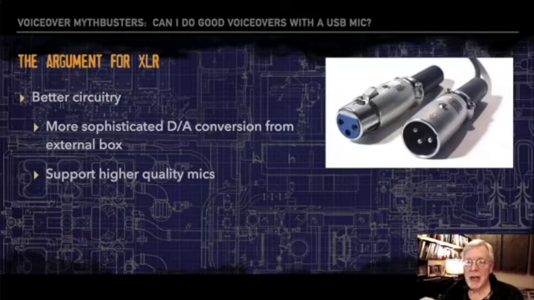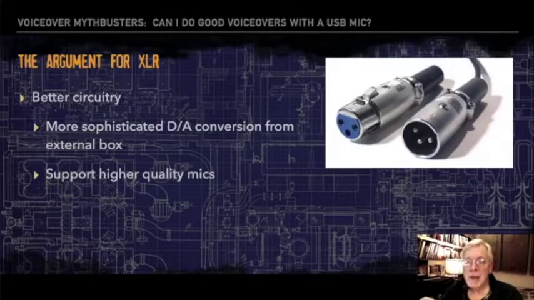But in most cases, the circuitry will be more sophisticated and more robust than the little microchip circuitry you'd find inside a USB microphone. So the conversion from analog to digital is potentially very much cleaner, maybe freer of noise.